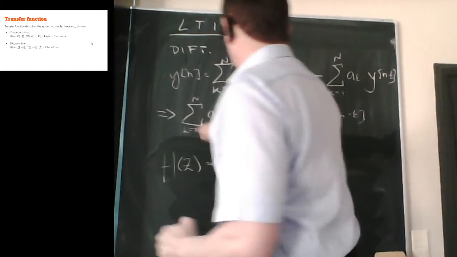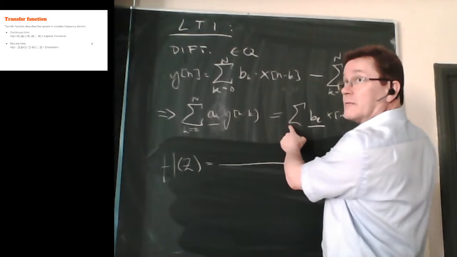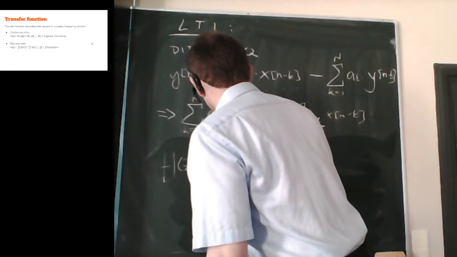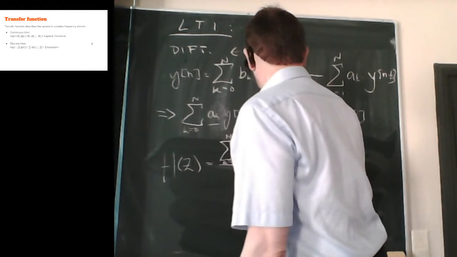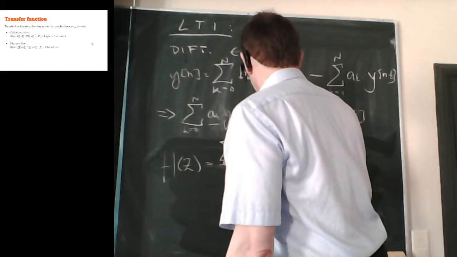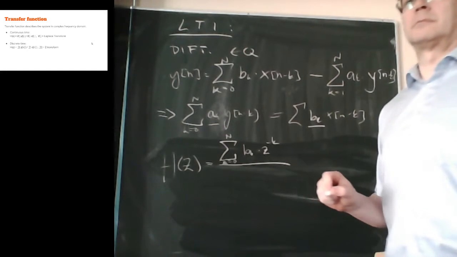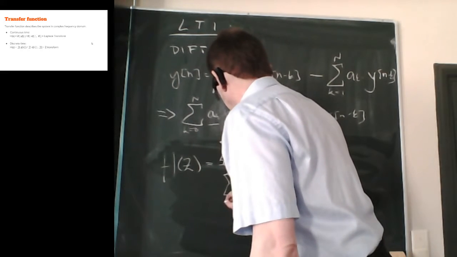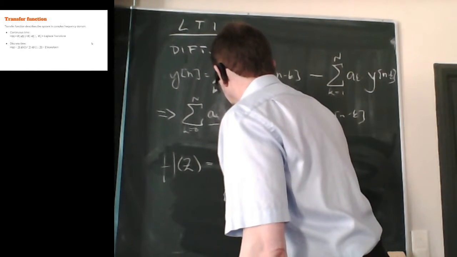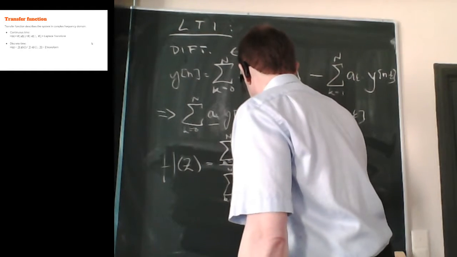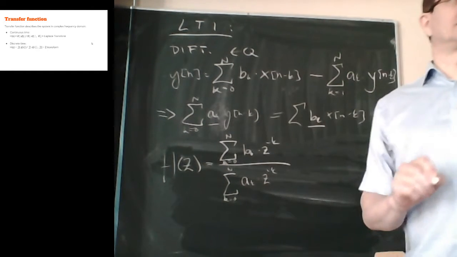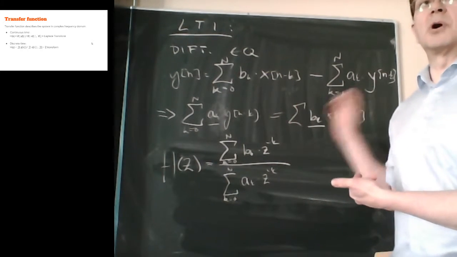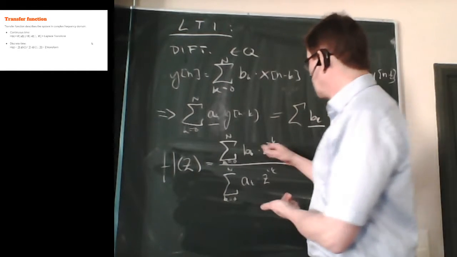So basically, we have this feed-forward term, which comes out as a sum from k from 0 to n of b_k times z to minus k. In the same way, downstairs, k from 0 to n, a_k times z to minus k. Which is basically an nth degree polynomial in z to minus k.